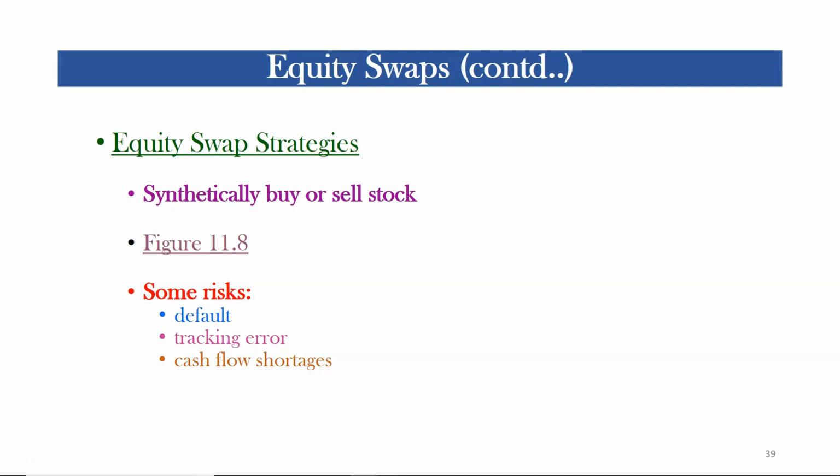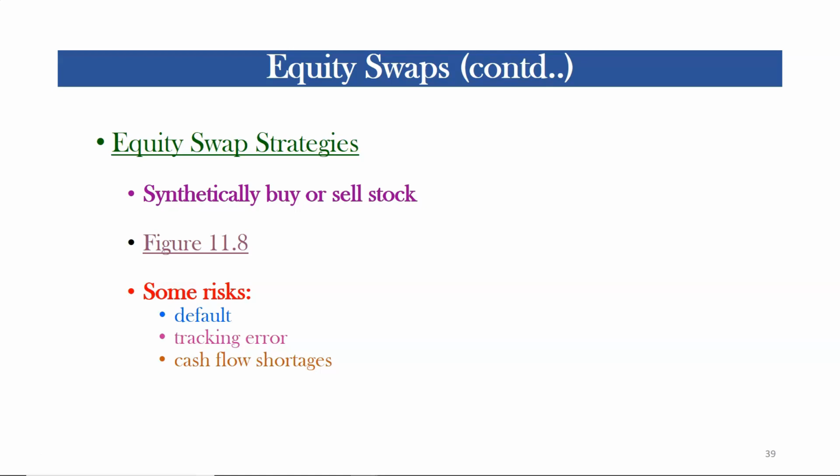An equity swap paying floating return and receiving equity return is equivalent to issuing a floating rate bond and investing the proceeds in equity. An equity swap paying one equity return and receiving another equity return is equivalent to short selling one equity and investing in another equity.